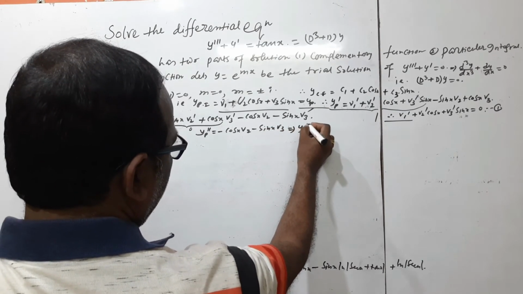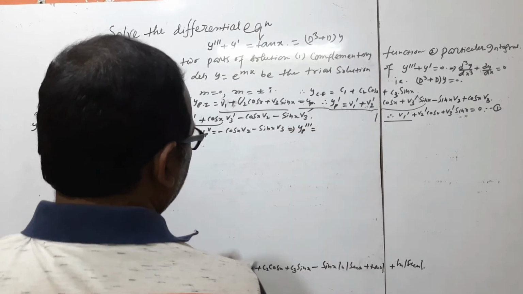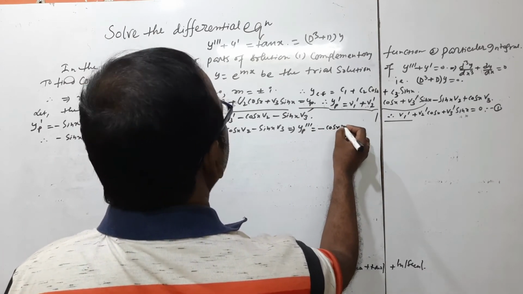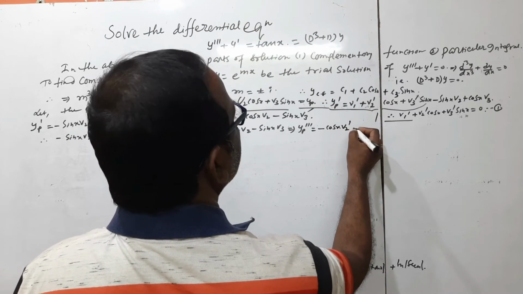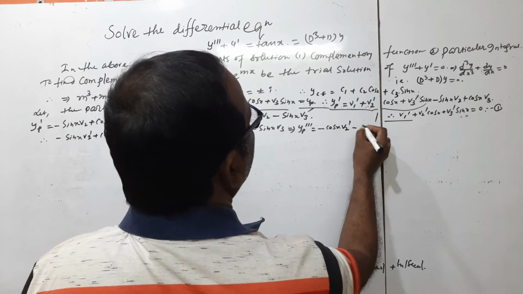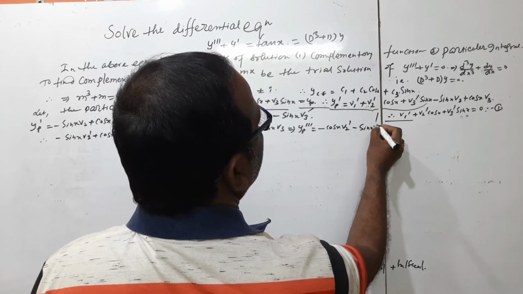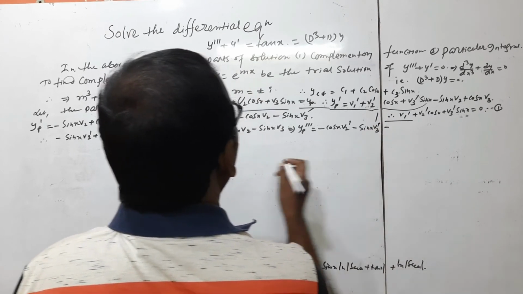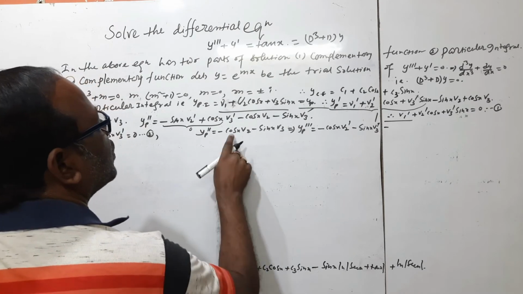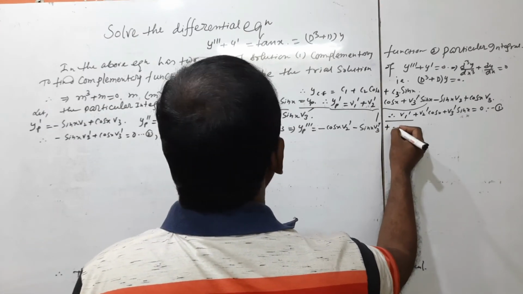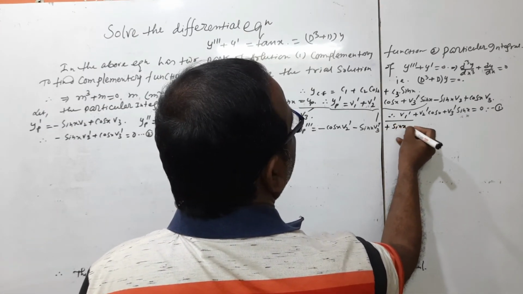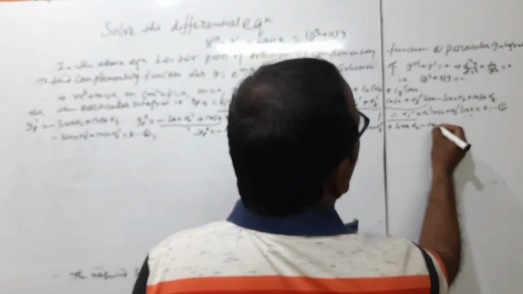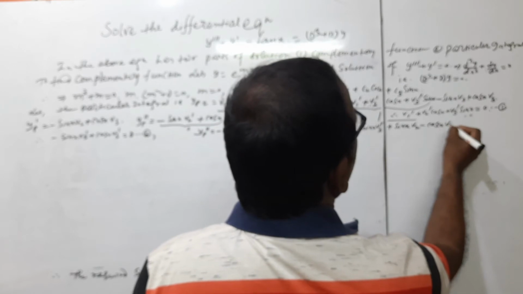So yp triple dash is equal to minus cos x v2 dash minus sin x v3 dash, and the derivative of cos is minus, minus minus plus, plus sin x v2 minus cos x v3.